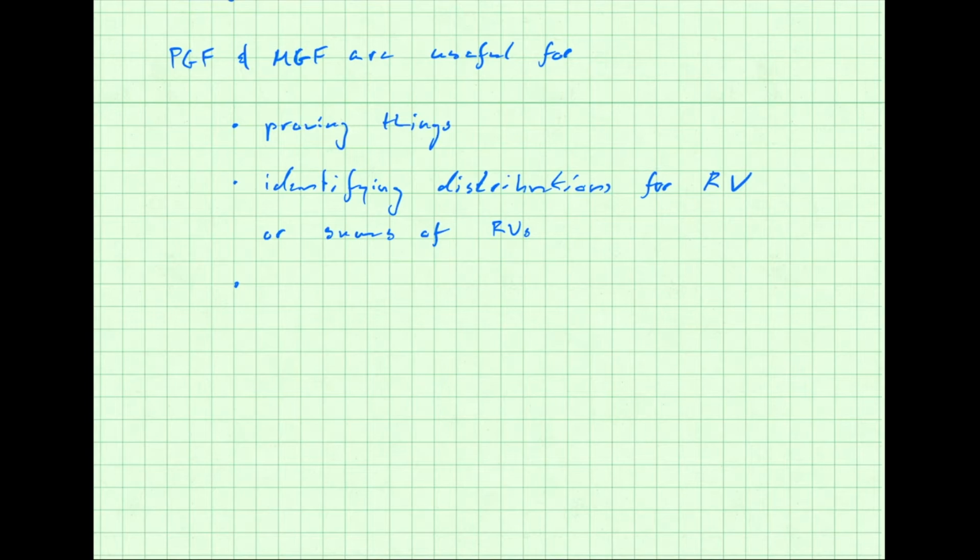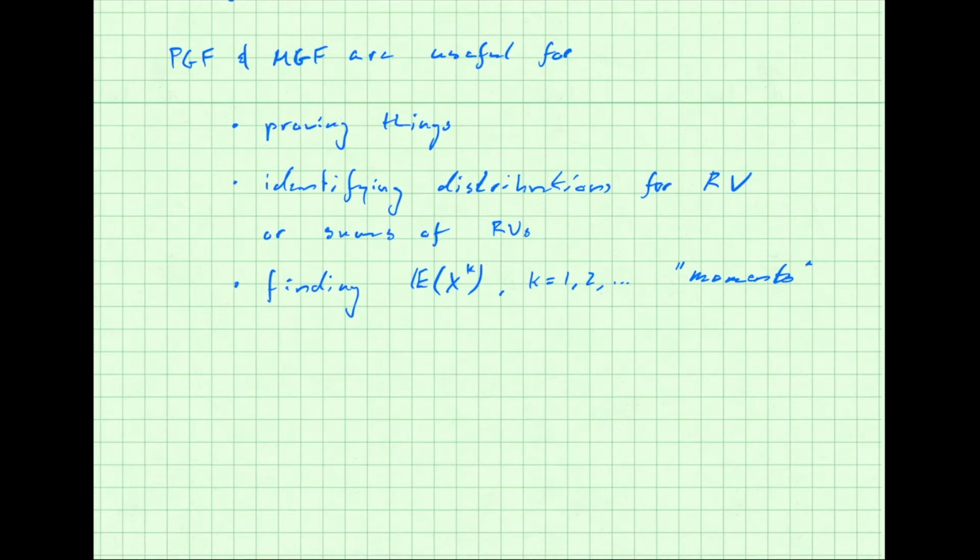It's also useful for finding moments. I'll write this as the expected value of X to some power k, where k is equal to 1, 2, and so on. These are called moments.